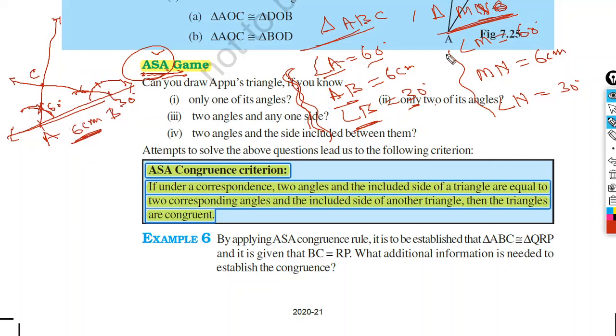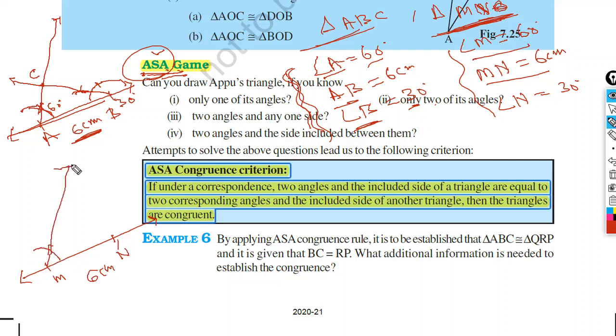Now similarly we can draw triangle MNO. Same story we have to repeat. Take a line, get a point M, then MN is 6 cm, another point N. Then angle M equal to 60 degrees. Here you draw 60 degrees, you know how to draw it.